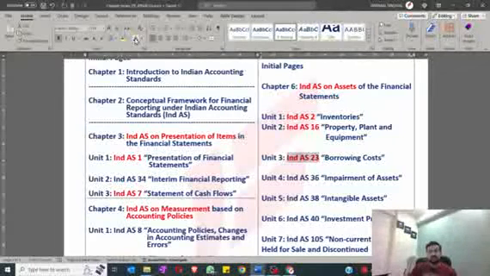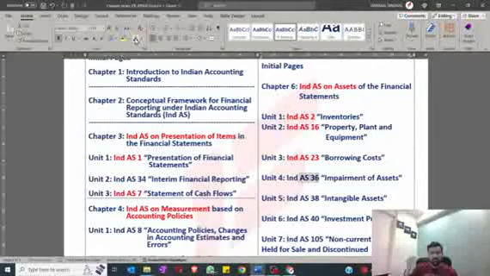Basically, this Ind-AS tells us what portion of the borrowing cost, that is basically the interest cost on loans and borrowings, is capitalized into the cost of, say, other assets, and what portion is directly debited to profit and loss.